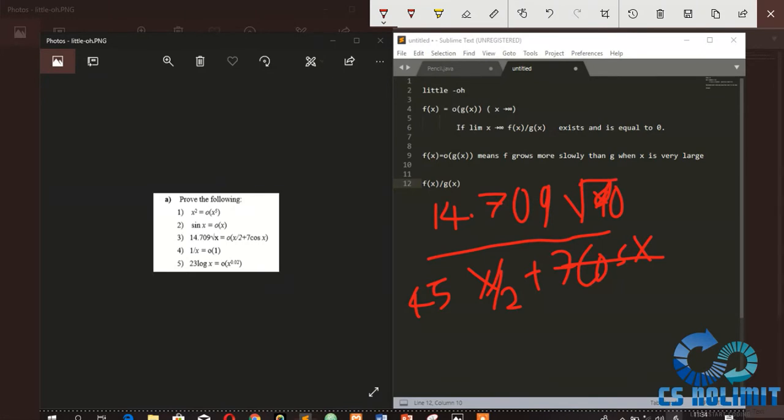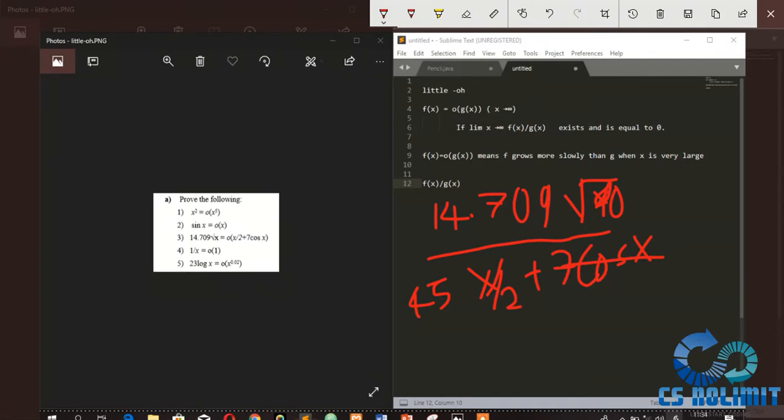So just look at this very closely. 14.709 times whatever comes out from the radical, divided by 45. What will be the answer? It is very clear that 45, which is the result from the g of x function, will be very small compared to f of x, which comes from the 14.709 times something.